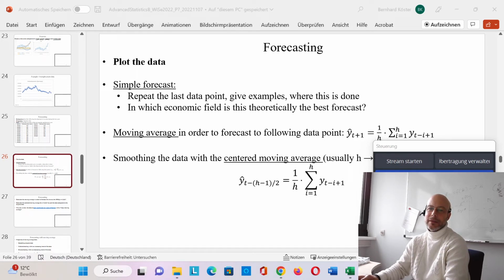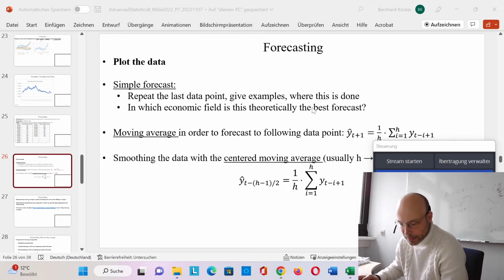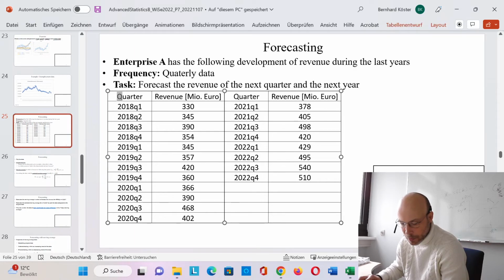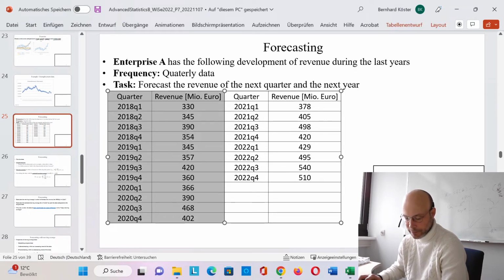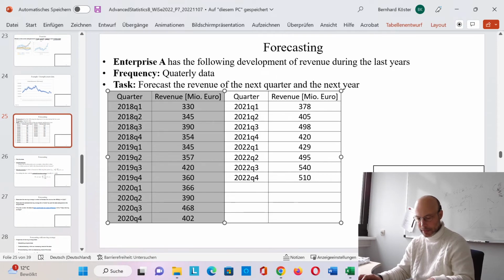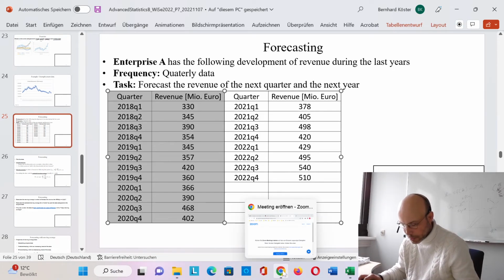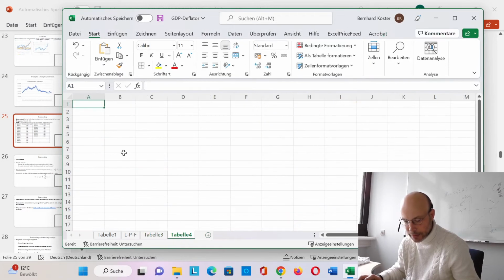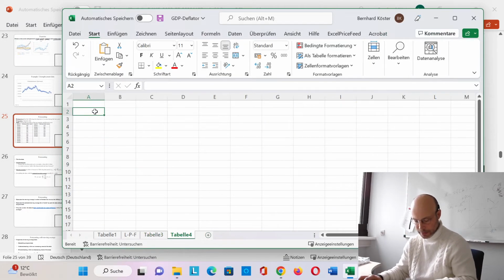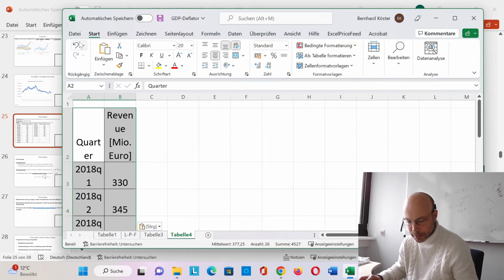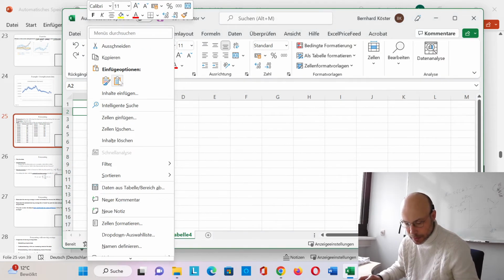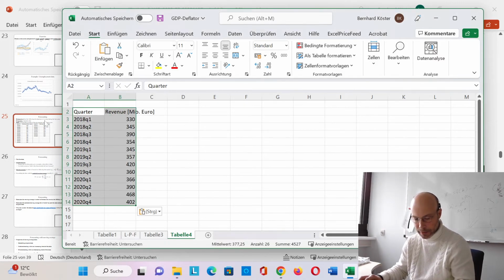And when I plot here the data, you can think of an economic field where actually we assume from the general framework that this simplest forecast you can make is, of course, more or less the best forecast you can get.